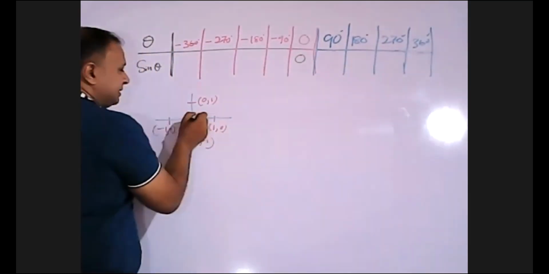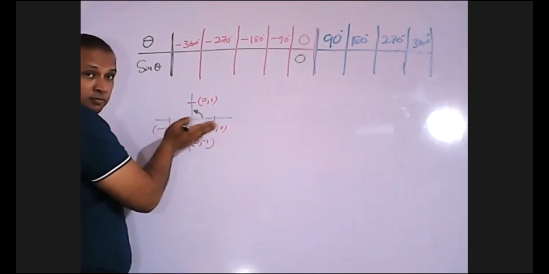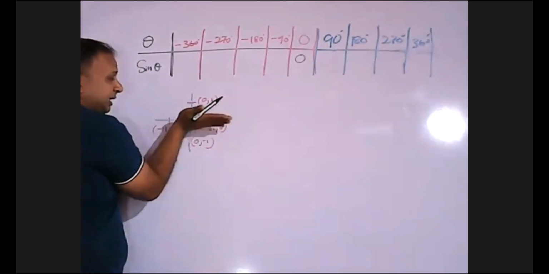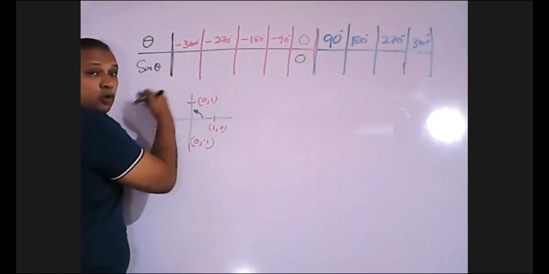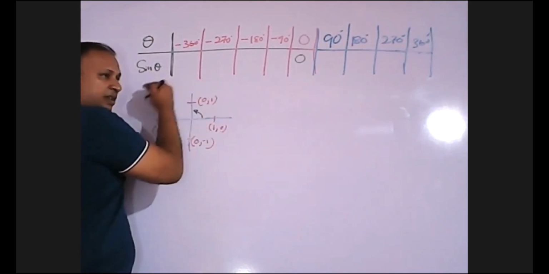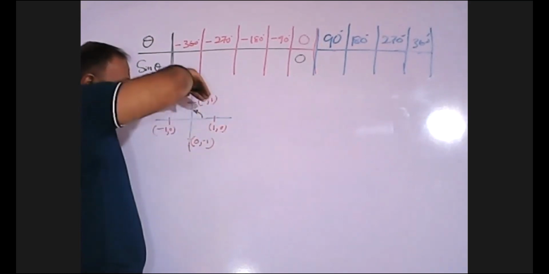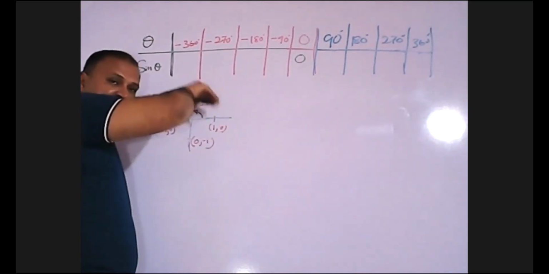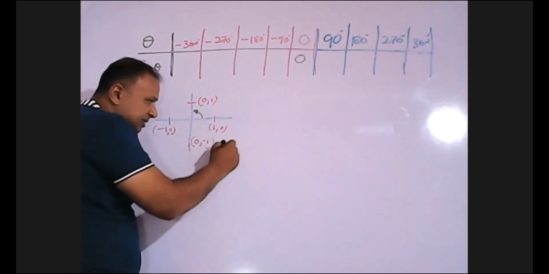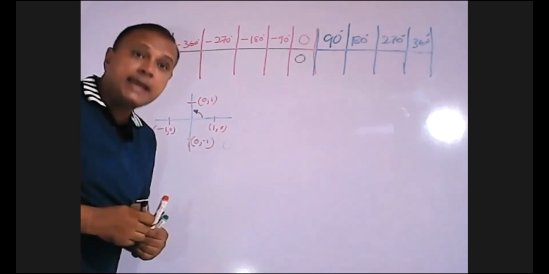Then sin 90. A plus angle means it is rotated in the anti-clockwise direction. If the rotation is anticlockwise, these angles are called plus angles. If the rotation is in the clockwise direction, they are called negative angles.